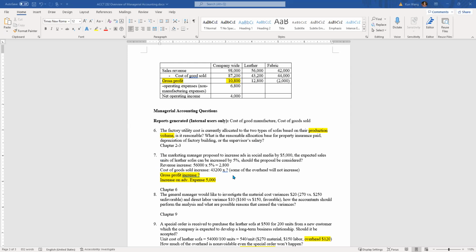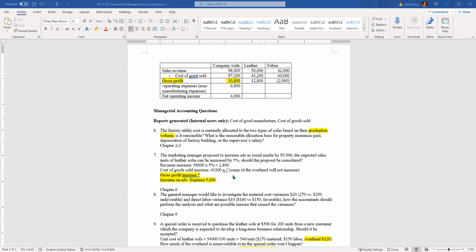And then number 7, I have a different situation for you to consider. The marketing manager proposes to increase the advertisement in social media for the leather sofa by 5,000 or more, and the increased advertisement is expected to increase the sales volume by 5%, for the leather sofa only.